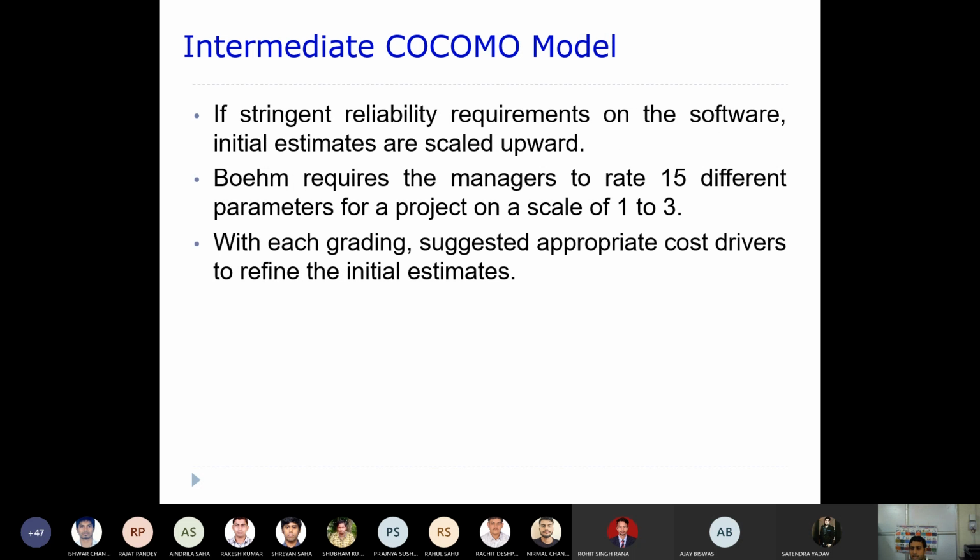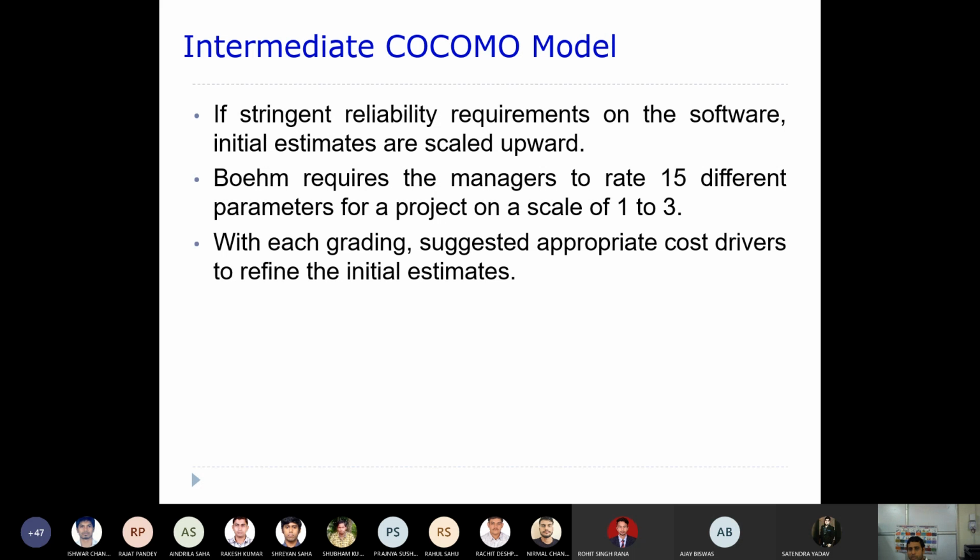If there are stringent reliability requirements on the software, the initial estimates are scaled up. If you want very reliable software, then you need to think from every aspect. The software should not crash at any point of time.